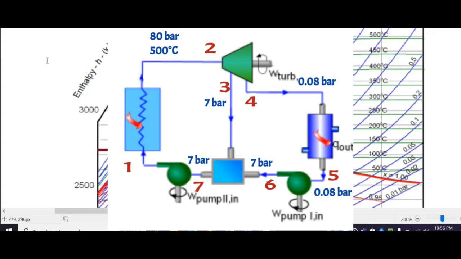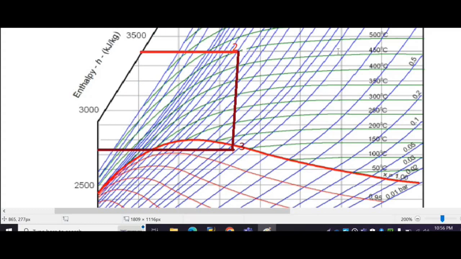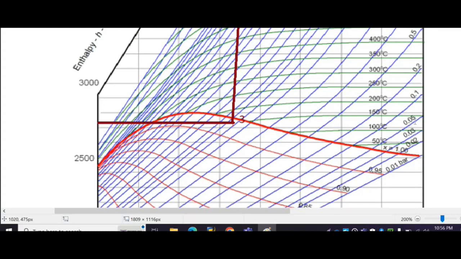Now, if we observe the question, again isentropic expansion is taking place and it is up to 0.08 bar. So where is the value of 0.08 bar? Here is 0.05 bar and here is 0.1 bar. In between them there is one point that we have to take for 0.08 bar. Again we will select one line and draw a vertical line.